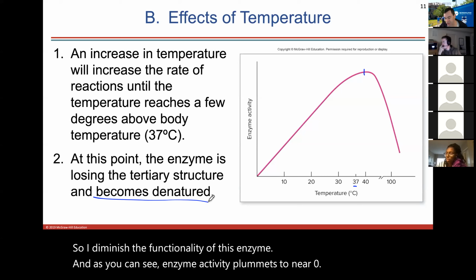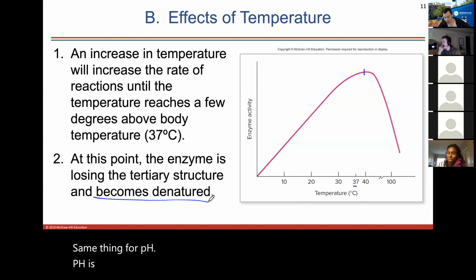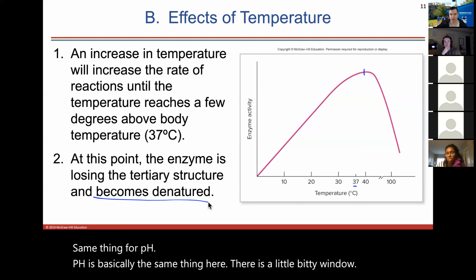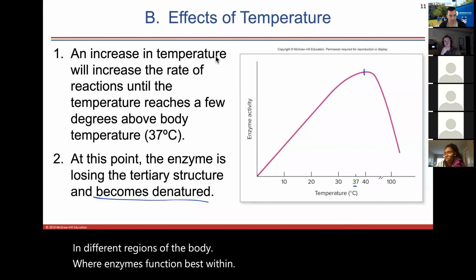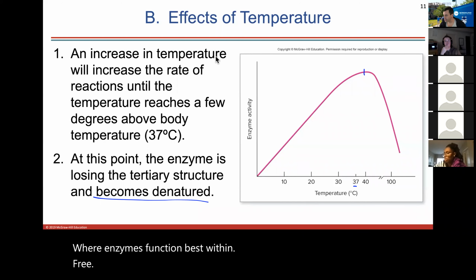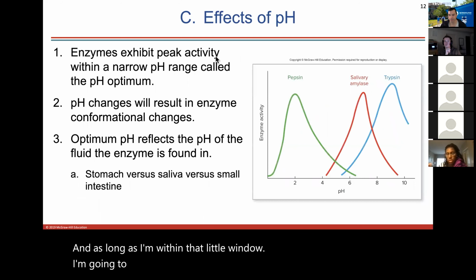Same thing for pH. pH is basically the same thing here. There is a little bitty window in different regions of the body where enzymes function best within. And as long as I'm within that little window, I'm going to increase enzymatic activity.